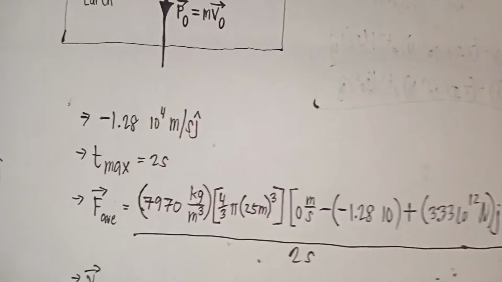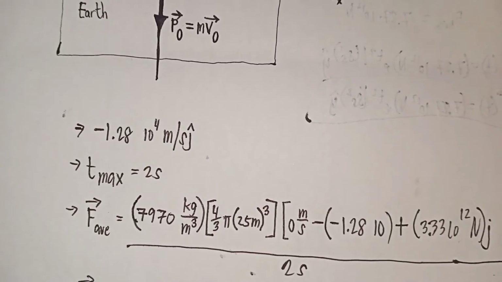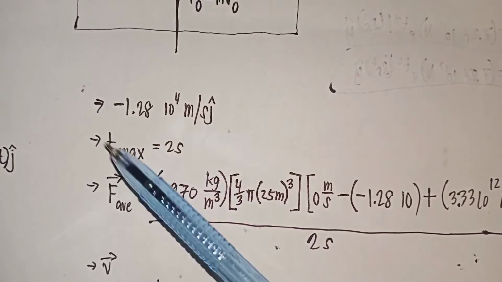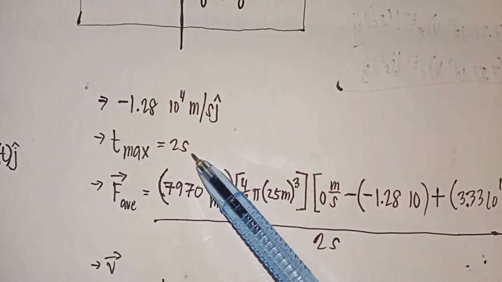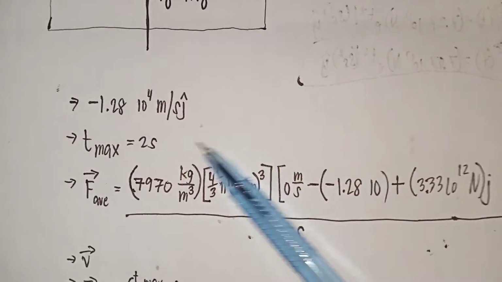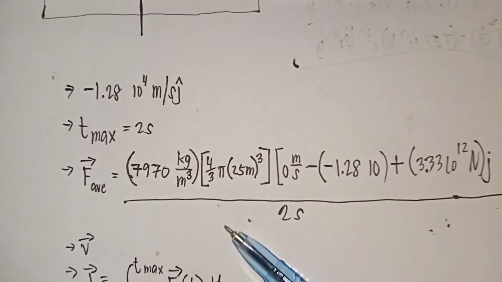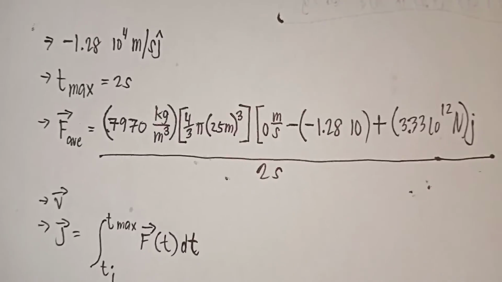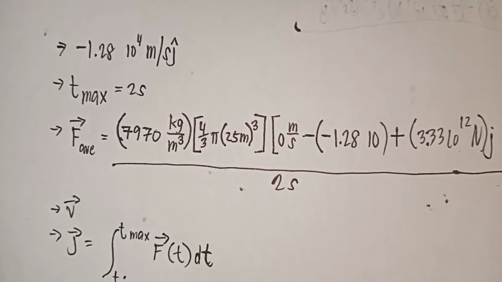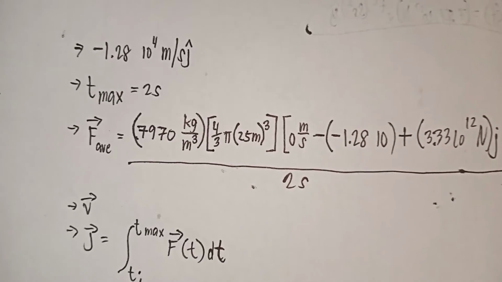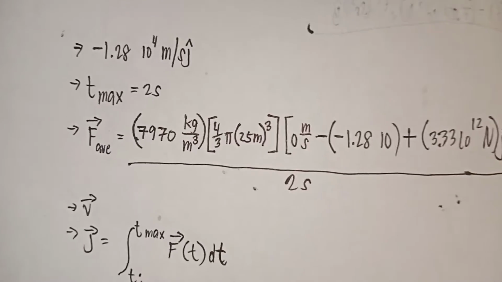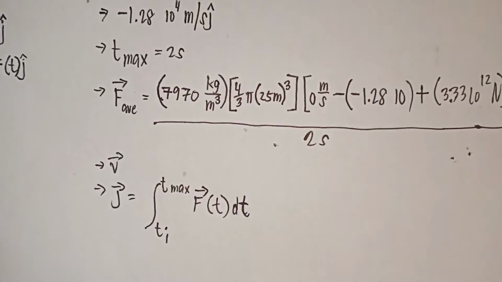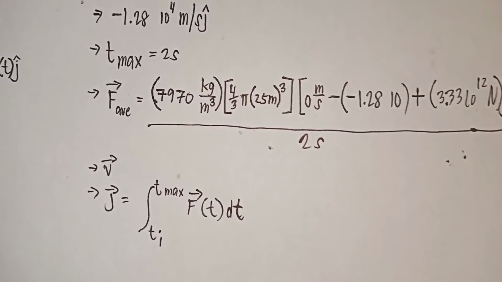We guess that the primary impact lasted about t max equals 2 s. So we just substitute these values, and this is the average force applied during the collision. Notice that this force vector points in the same direction as the change of velocity vector. Next, calculate the maximum force.